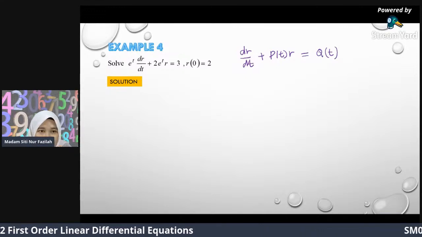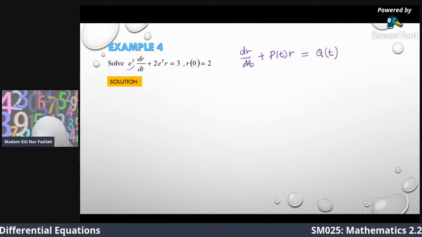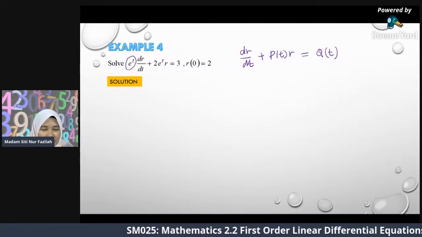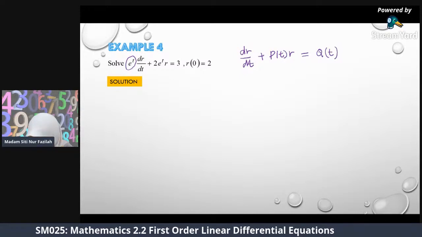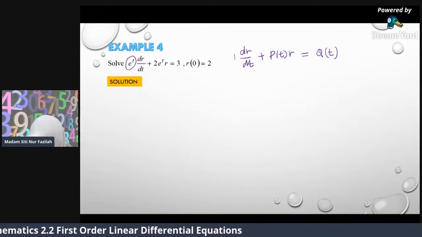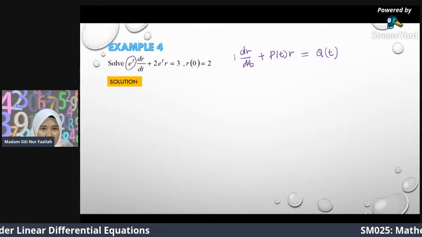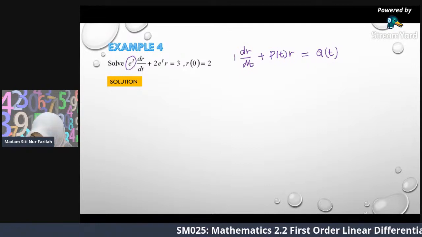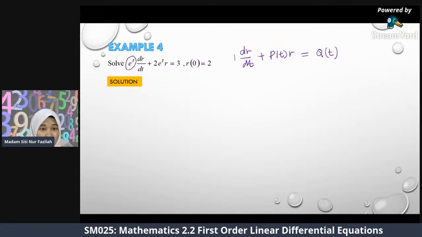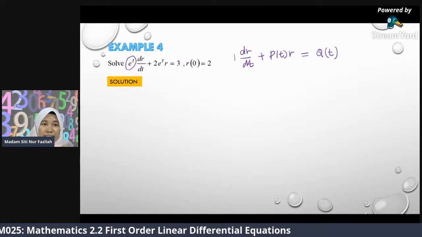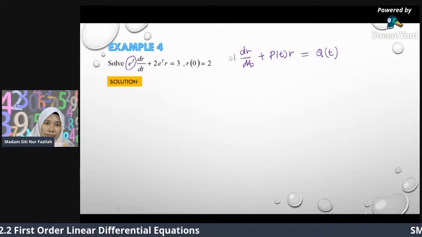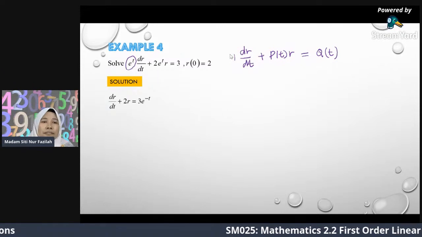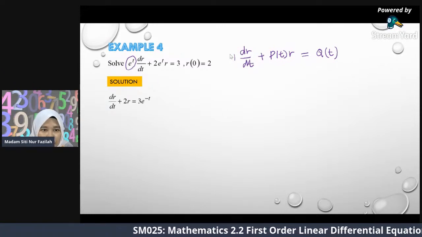When we look at the equation, we have something at the side of dr/dt: e to the power of t. We need to make the coefficient one. That means we need to divide by e^t on both sides.